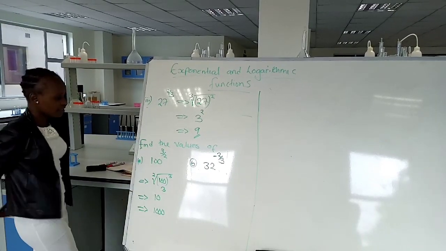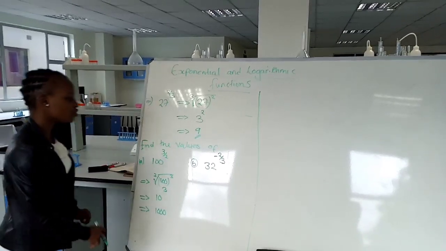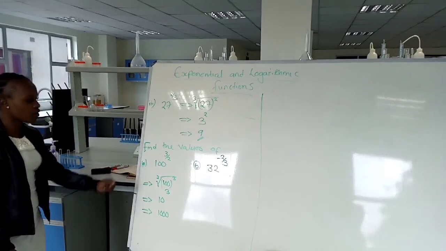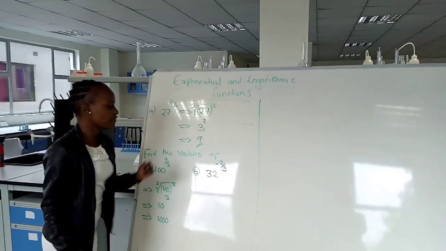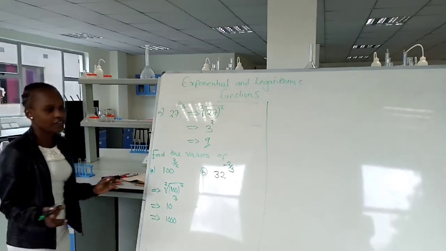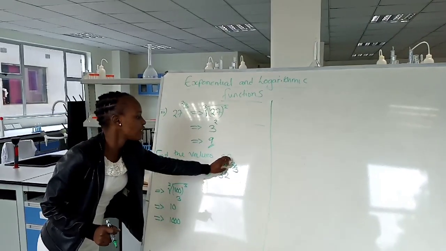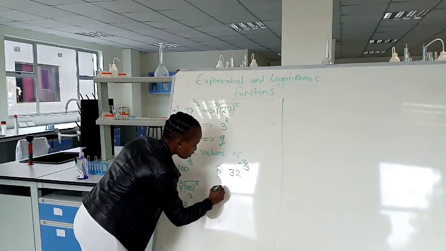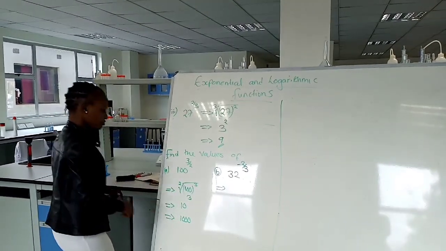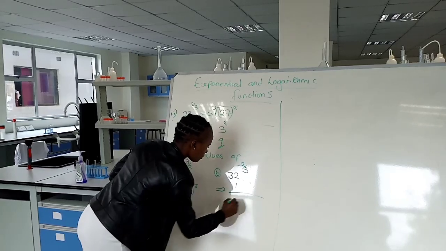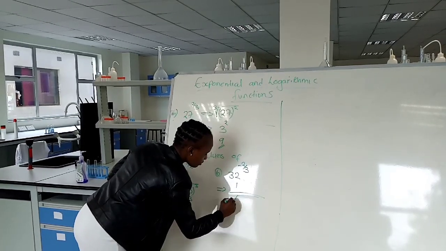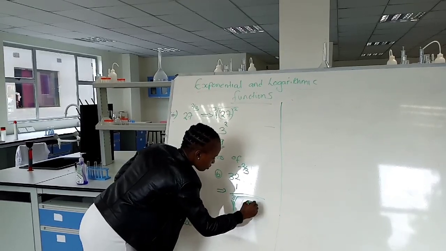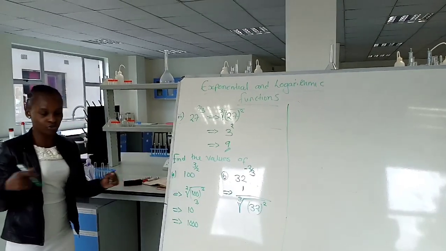Then let us look at this other one. We have 32 raised to the power negative 2 over 3. What are we going to do with this? There is a negative sign that we have for the power. So the first thing that we are going to do is change this negative power into a positive. So this is going to be 1 over 32 raised to the power 2 over 3.